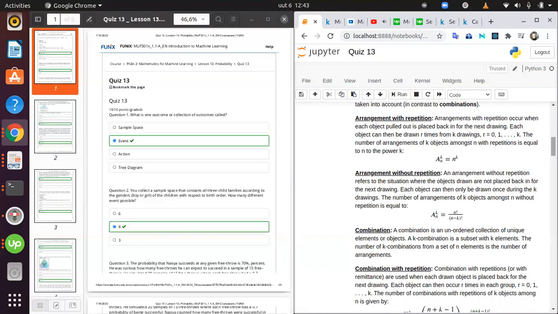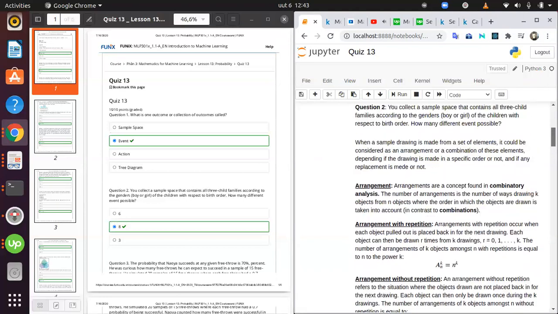Okay, can you go through and explain how you input the numbers, for example, arrangement with repetition and arrangement without repetition? I'm not sure how to input the number.